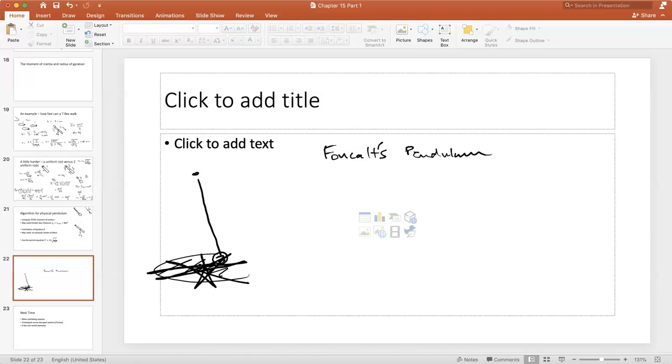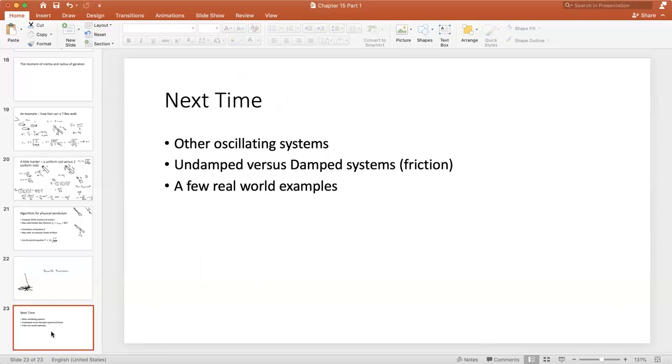So next time, we're going to go through oscillating systems. It's going to be a lot of going back over the blocks sliding back and forth, and then we're going to have the blocks sliding back and forth, but we're going to add friction. And we're actually going to deal with phase angles and some things like that.